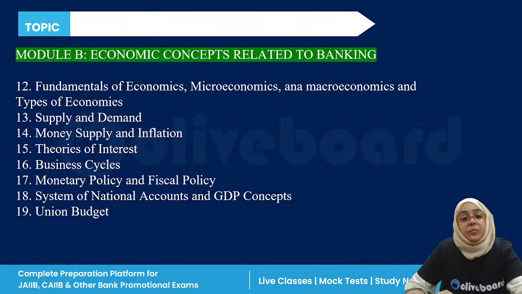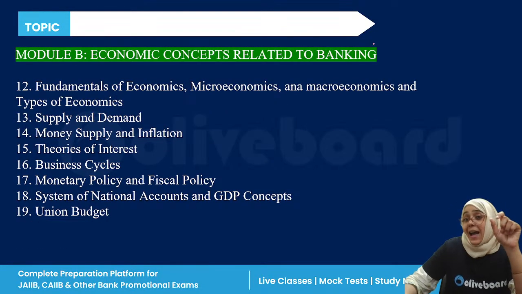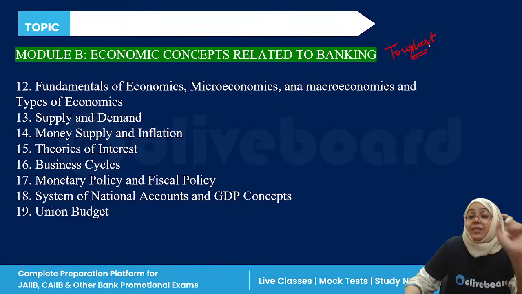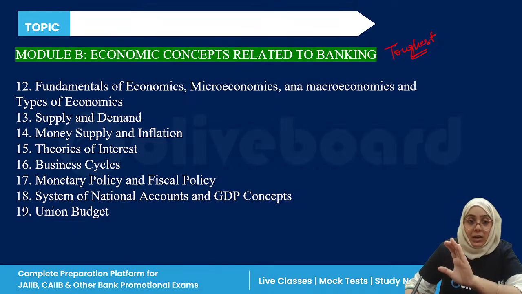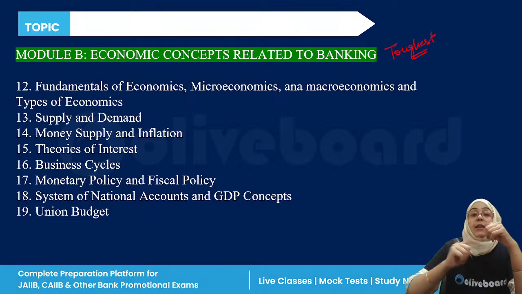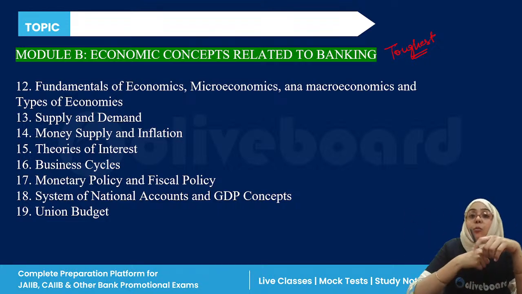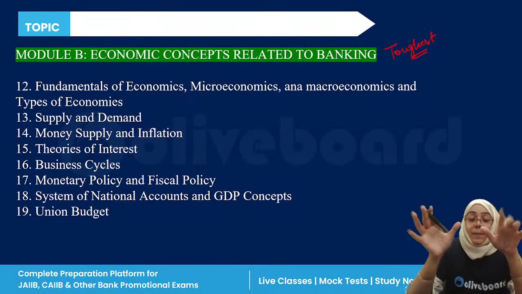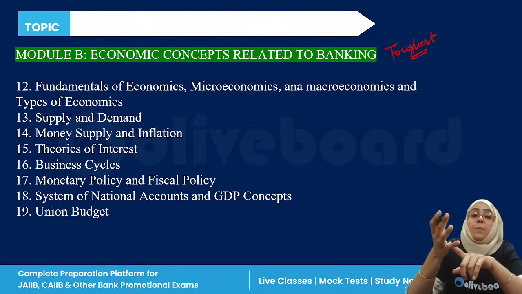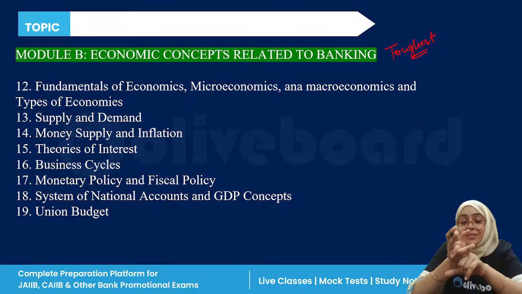Now the second module. It looks short, but it is actually the toughest module from my point of view, the toughest of the complete syllabus. Very, very conceptual. You have to learn the details of the graphs and their movements. In the theories of interest, like the 15th unit, a very complicated topic, there is the interest rate, the income curve, the liquidity preference curve, and the interaction of these tools.